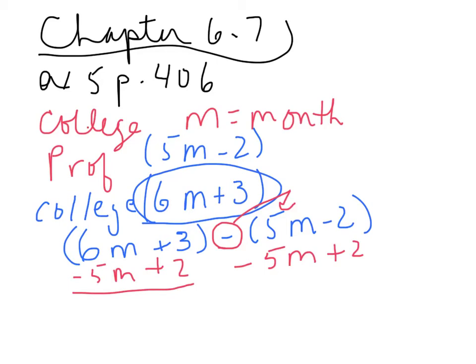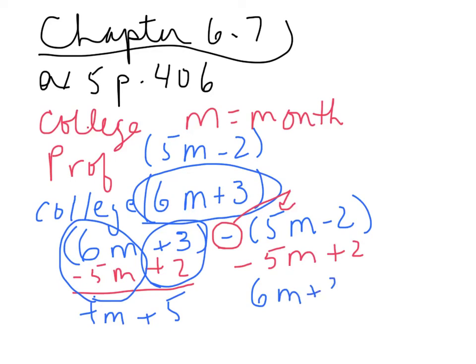Line up your like terms. You have a positive and a negative, different signs, so you subtract, and you get 1M, and it's positive, and we can get rid of the 1. And here it would be 5. So the expression would be 6M plus 3 minus 5M minus 2.